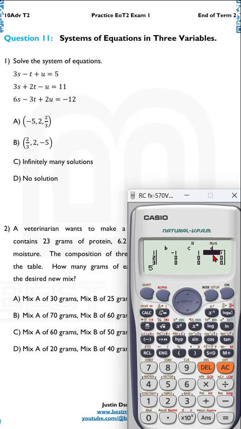That's in the last column over here, D. And then the second one, it's again 3, 2 and minus 1, that is equal to 11. What about here? It's 6, minus 3 and 2, that is equal to minus 12.